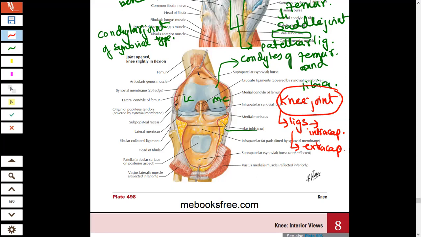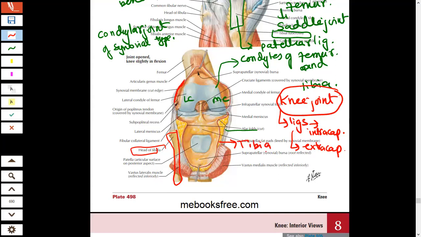Okay, but first thing what you must have to remember, you must have to identify all the ligaments. So see here, the ligament which is going to come from the, for example, this bone here, this is the fibula bone. This bone present here, this is your tibia bone.